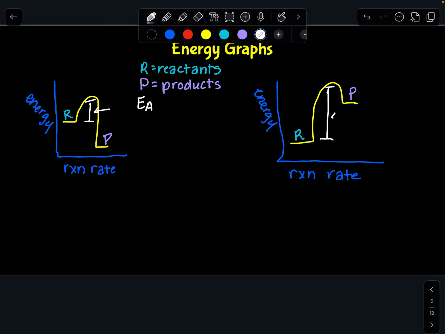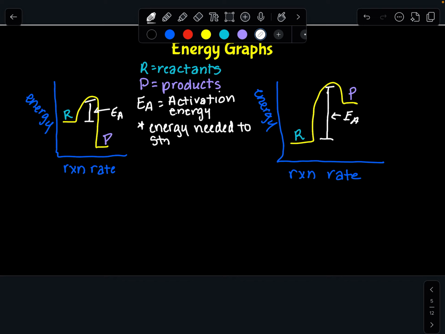So we'll call this EA, and that's called activation energy. And this is the energy needed to start the reaction. So those are the three main parts of these energy diagrams.